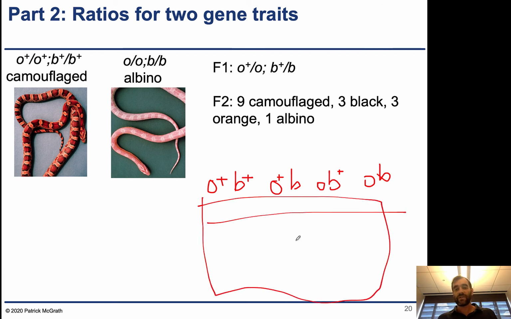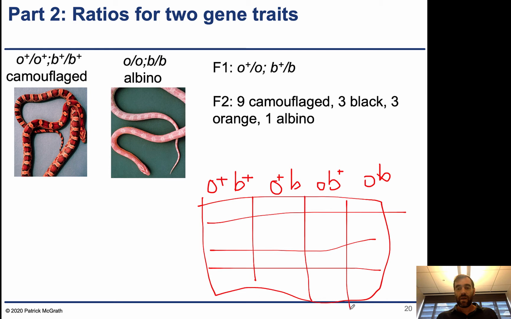So what you would have is a 4 by 4 square. This is almost exactly the same as a dihybrid cross. And so you would again group anything that had the same phenotype. Anything that shared a phenotype could be grouped together.